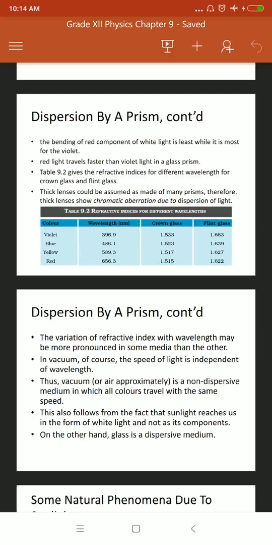It follows from the fact that sunlight reaches us in the form of white light, and not in the form of different color components. And glass is a dispersive material, so when white light falls on it, it will give you the different color variation. Clear? Here we are going to end this session.